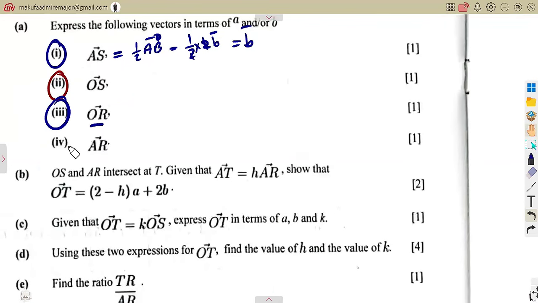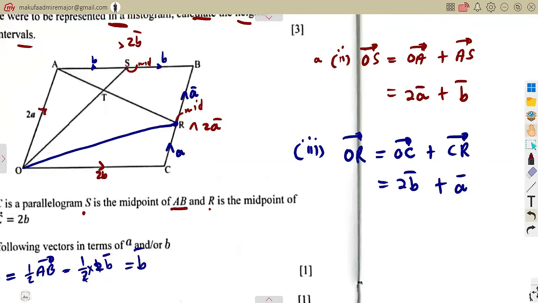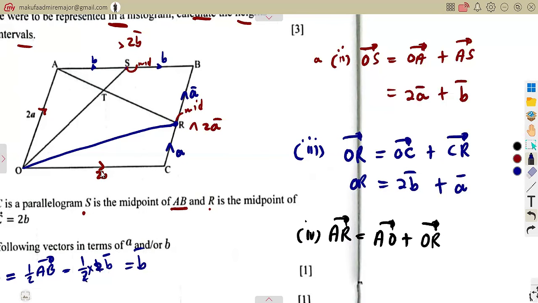All right. Then we are given vector AR from A to R, that is here. A to R like this. Remember, we have OR, so we can calculate our vector AR using A to O, that is vector AO, plus OR. Since we calculated vector OR, we have it, or we can use A to O to C, and C to R. It's up to you.